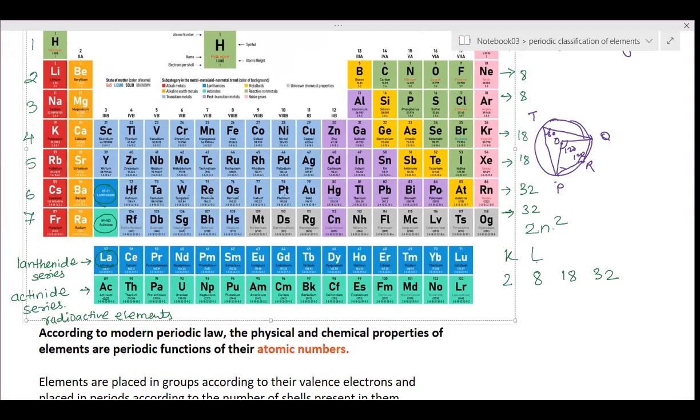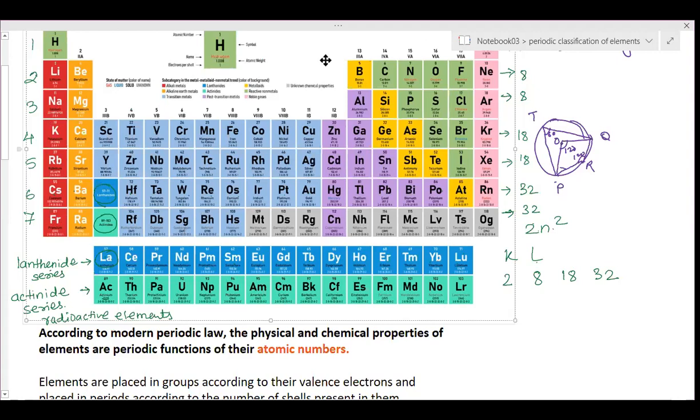Then platinum has how many shells? 6 shells. Lead? 6 shells are there. And the last one has 7 shells. So therefore they are in the seventh period. Mostly the last period is all radioactive elements.